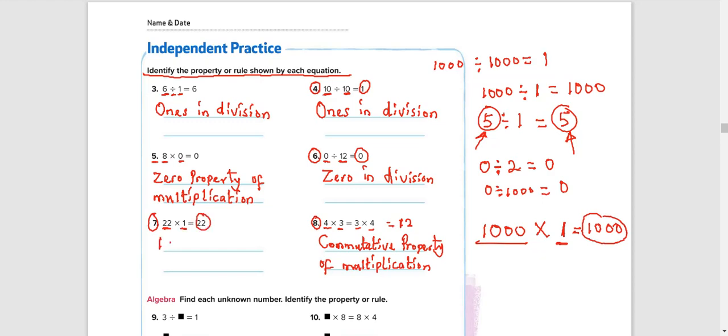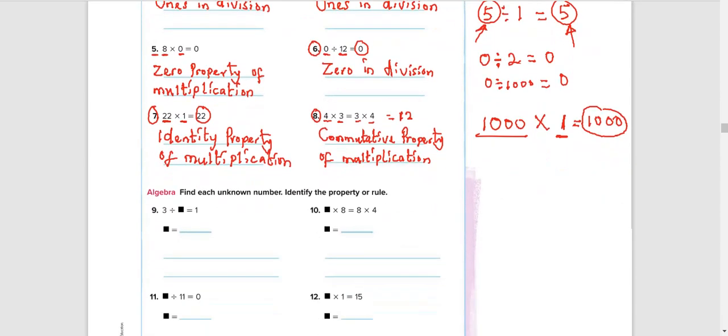And this is what we call the identity property of multiplication. So take note of all these properties and know how to apply them.